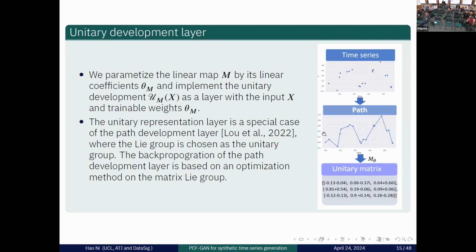So to make it simple, we have the software to implement the development layer. To put it simply, the procedure is we have the discrete time series data, then we embed it into the continuous path space by linear interpolation. Then for the given model parameters, we output the unitary matrix valued output.